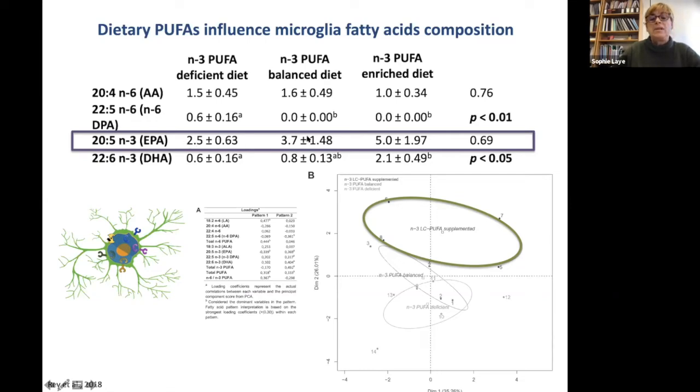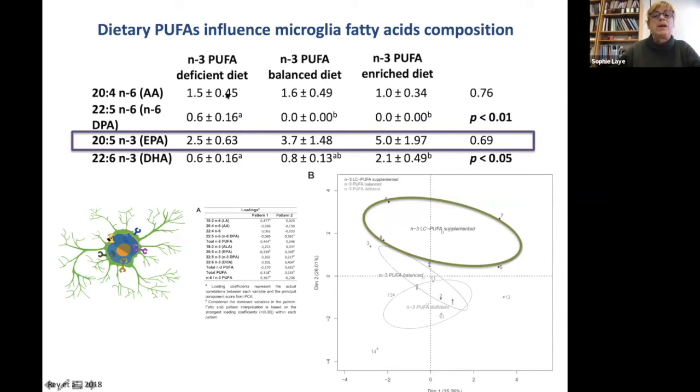And actually this amount of EPA poorly changed according to diet, at least not significantly, while the DHA amount increased with the amount of omega-3 in the diet. And the highest level found, of course, is associated with the consumption of a diet rich in DHA and EPA.